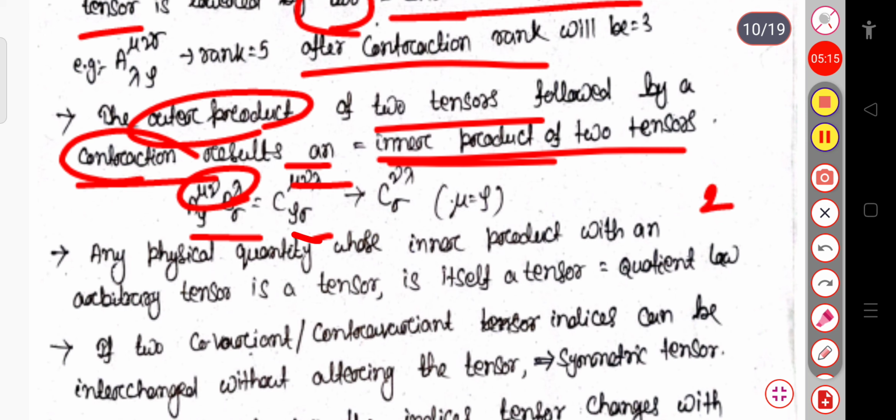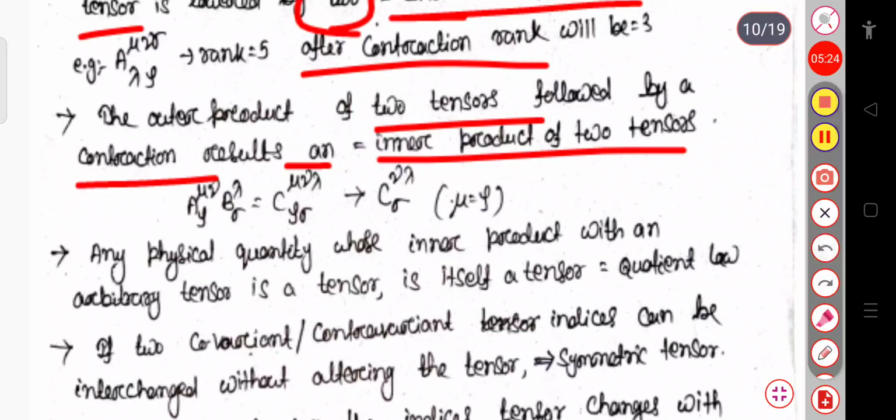So the total rank is 5, and now you can see the rank will be 3 here. Okay, so this is only possible when any of these two are equal, that is it may be mu equal to rho, it may be mu equal to sigma. Okay, so if any one of the indices of the covariant, and in case of the contravariant index, if any one of it is equal, then we can write this is the contraction.